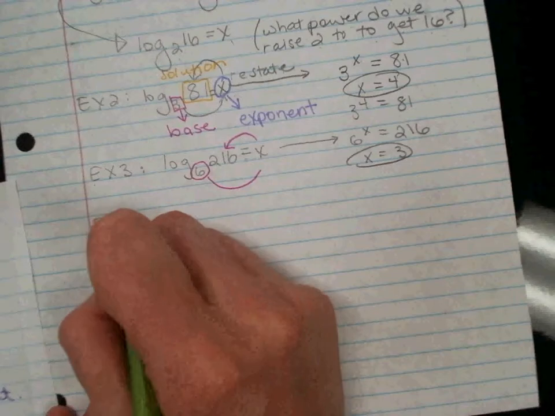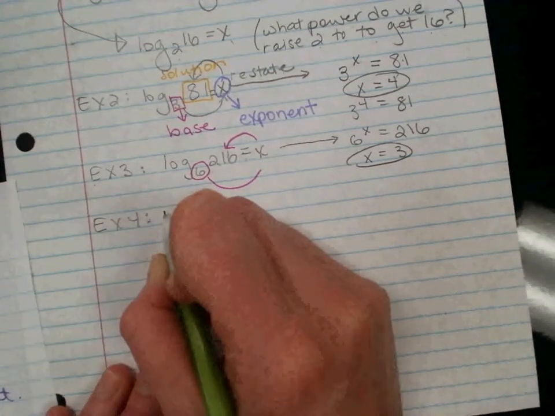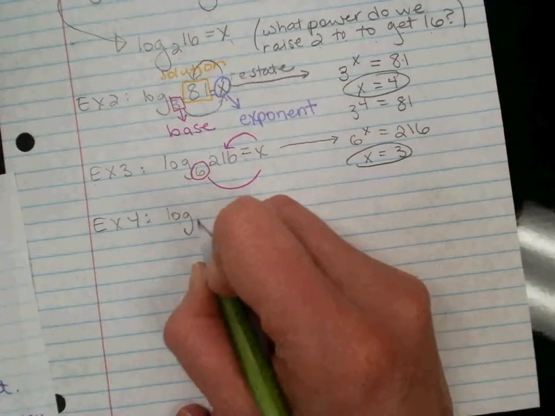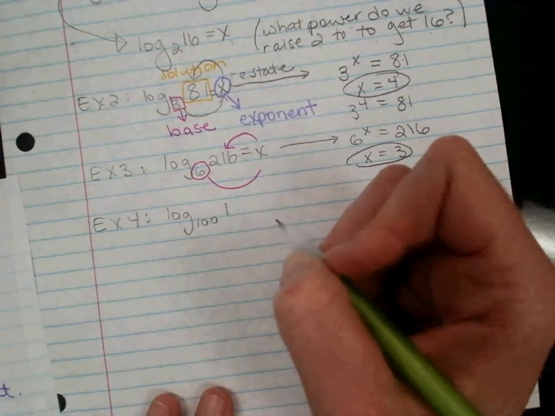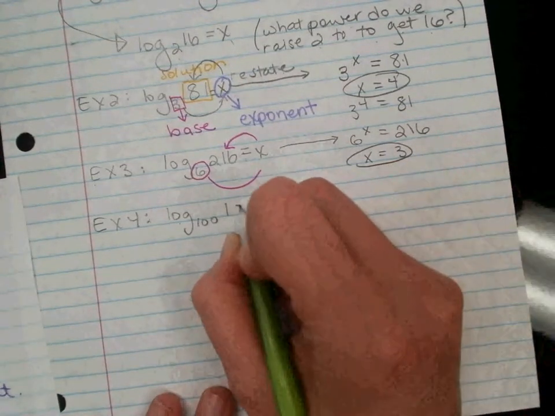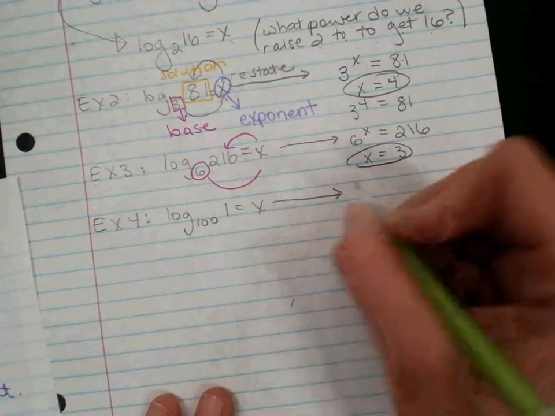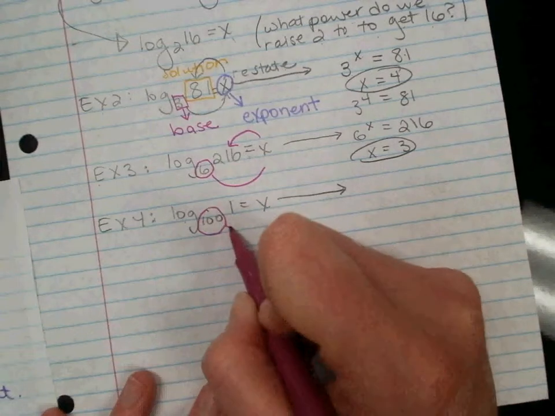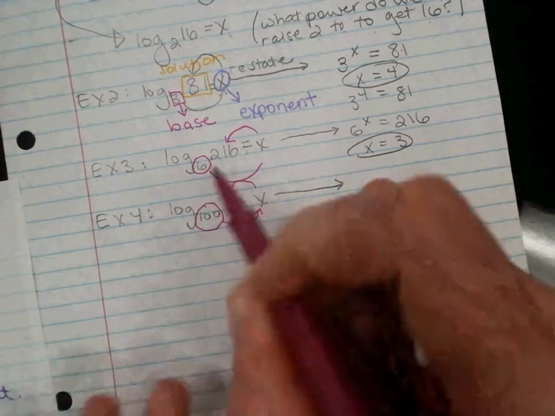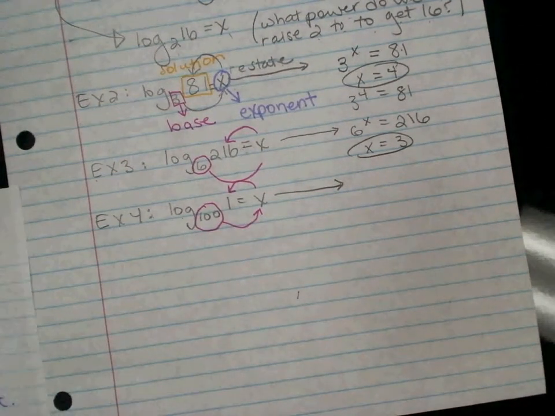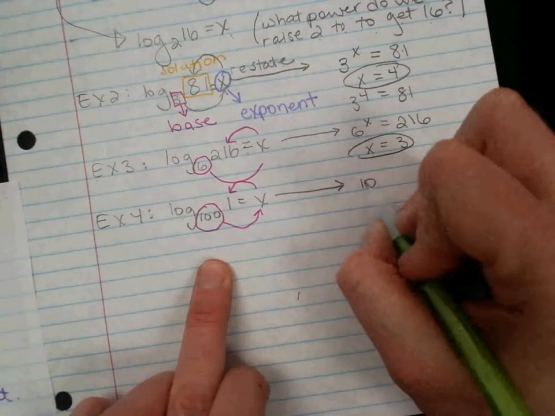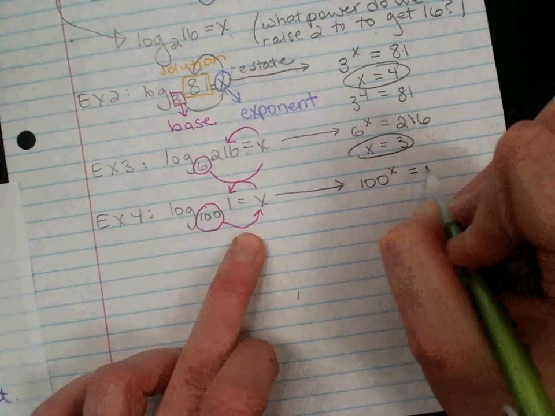Example 4. Log base 100 of 1 equals x. That translates to 100 to the x power equals 1.